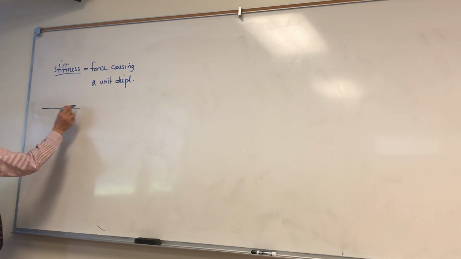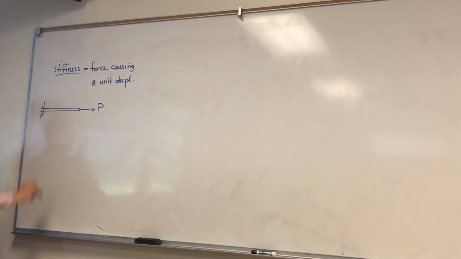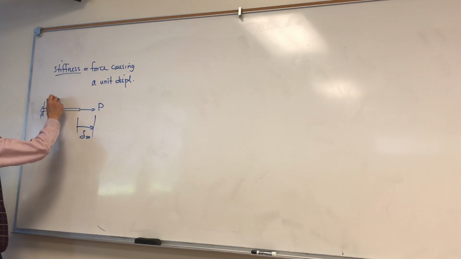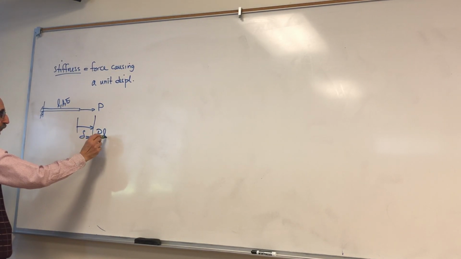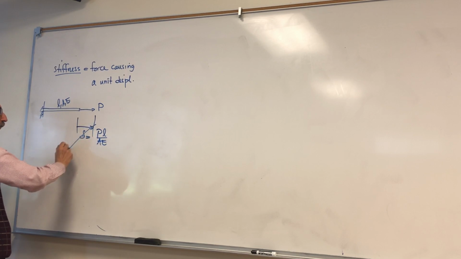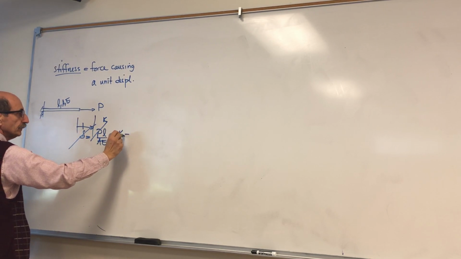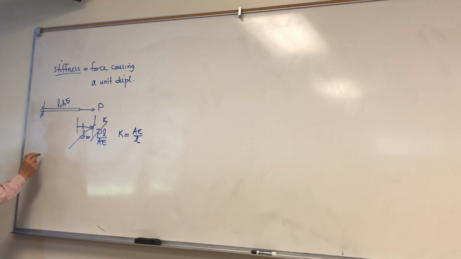So for a bar element subjected to the actual load, obviously, that goes through a displacement. If this is L, with all the geometric and material properties given, the displacement is PL over AE, and therefore the stiffness, if this is 1, K for that is AE over L.